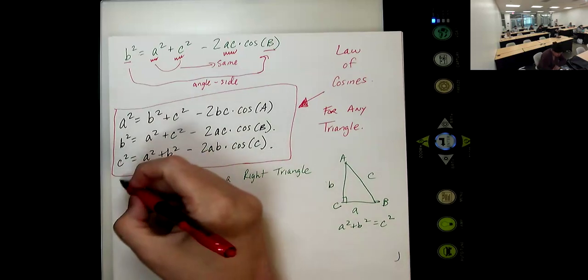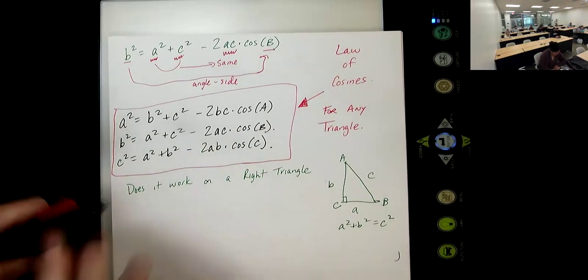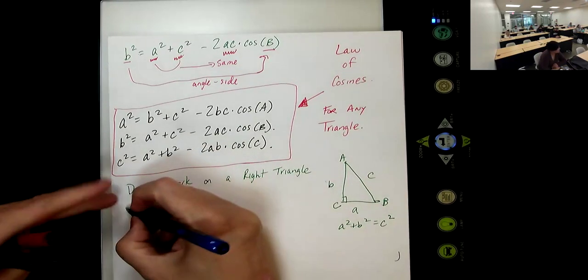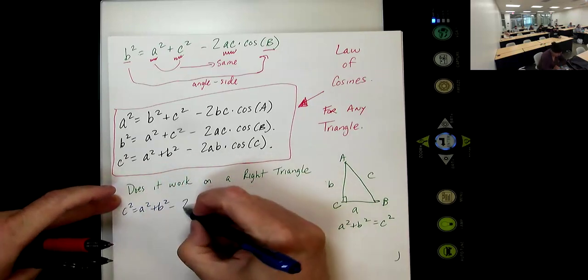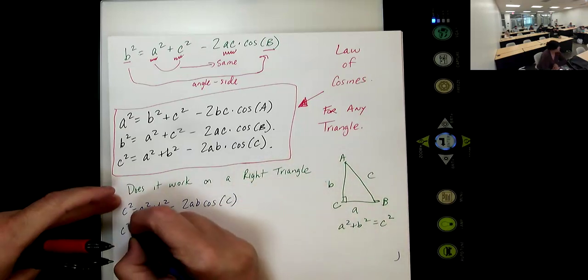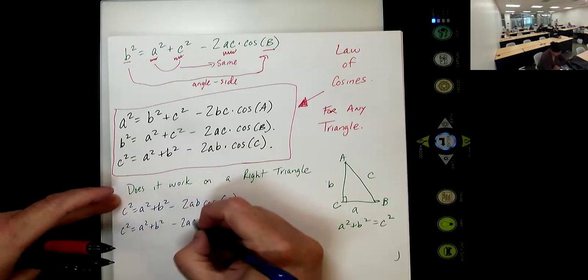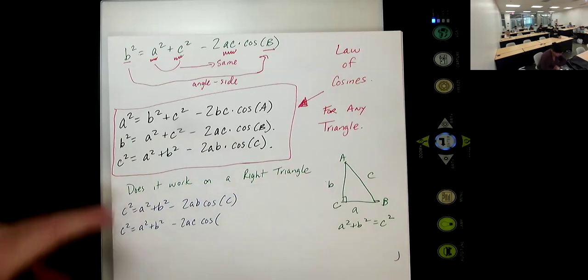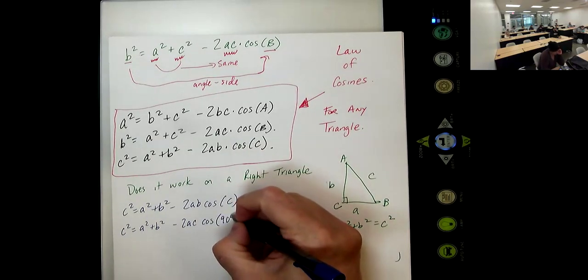We're gonna test this using the last version: c squared equals a squared plus b squared minus 2ab cosine c. We don't know the lengths of any of the sides, but we need to know the angle of C. C is the right angle, or 90 degrees.